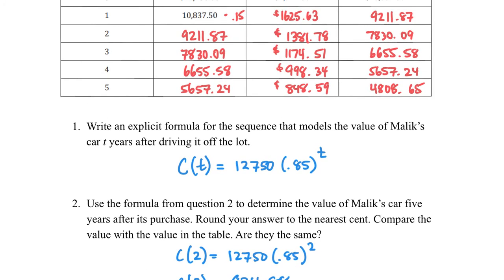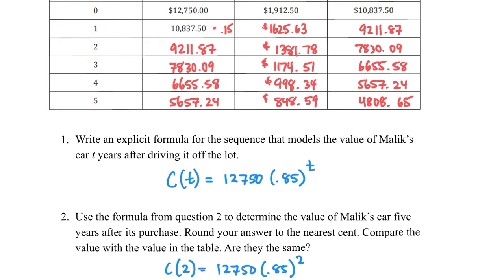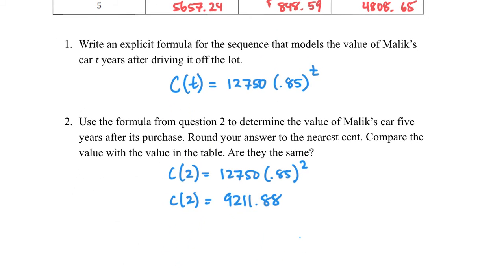There's the $9,211.88. So this is going to be the value after the end of 1 year, and this is going to be the value at the end of 2 years.